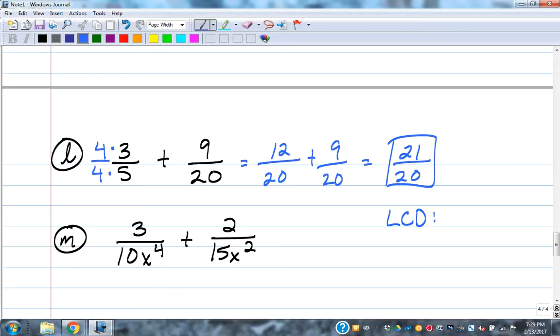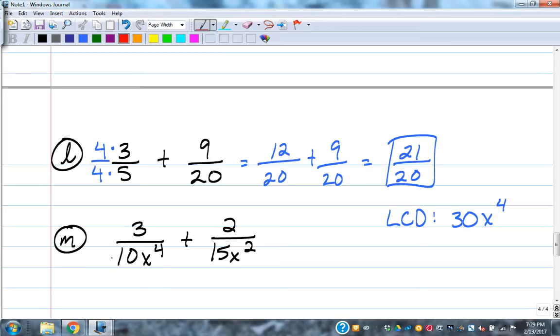Least common denominator means the smallest thing that both of those will go into. 30 is the number. What about x's? Which one has the most? 4 of them. So I can't go below 4 of them, so I need 4 of them. So the LCD would be 30x to the 4th. So what I've got to do is work toward turning the denominators into that.